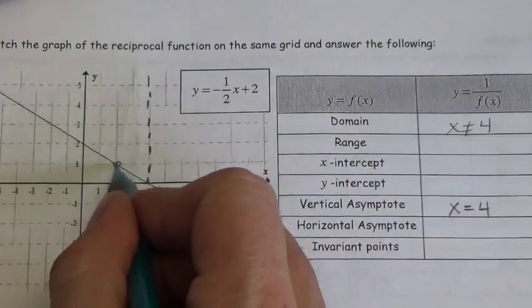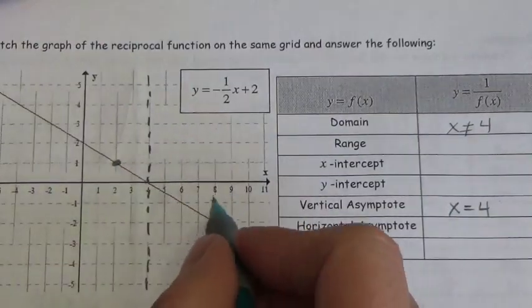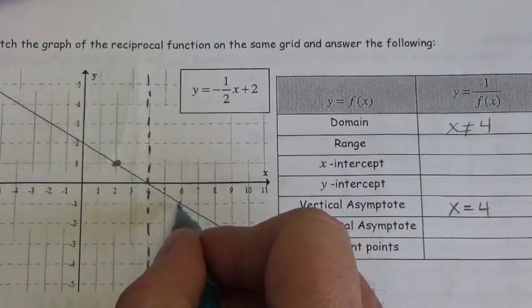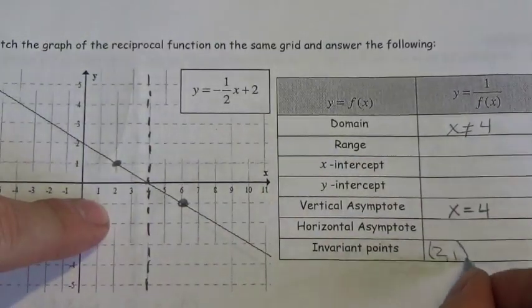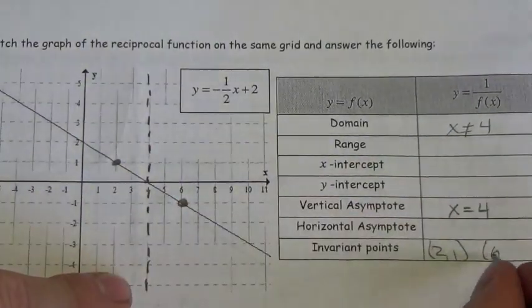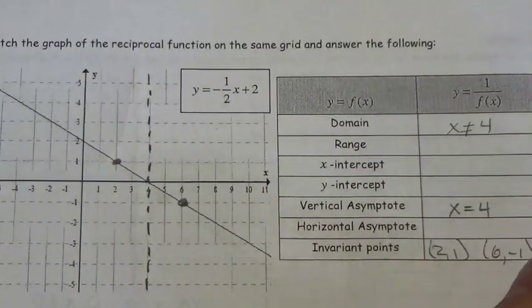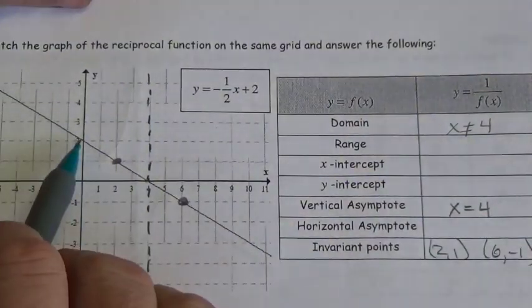I know that this point, because its y-coordinate is 1, is going to be invariant, and this one, because its y-coordinate is negative 1, invariant. So 2, 1, and what's that? 6, negative 1. Going to be invariant. The original function goes through a y-intercept of 2.